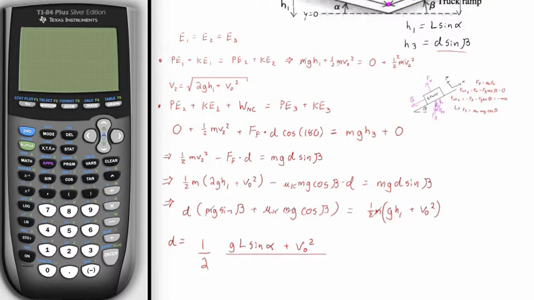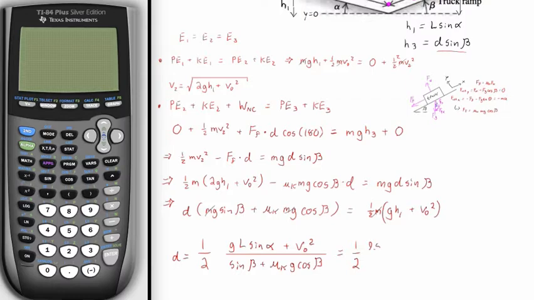That's our numerator, and then the denominator is g sine beta plus mu k g cosine beta. I won't get into exactly interpreting all the terms or the ratios, but it's a good idea to look at this and think about what happens as you change the values and why the values are weighted this way. Okay, let's plug in our numbers.